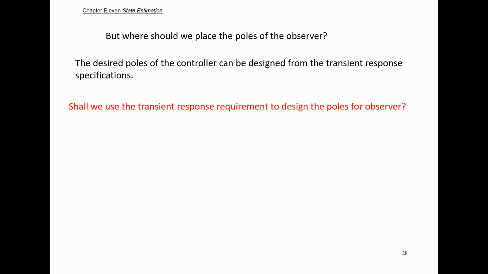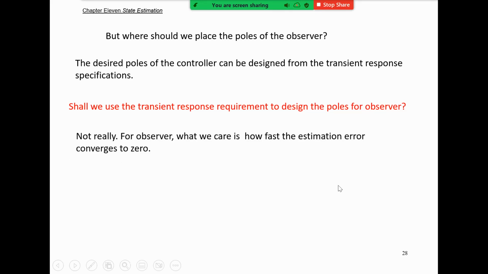What we really like is that we want the estimation error to go to 0 as fast as possible. We want the estimation to be as accurate as possible and very fast. So for the observer, what we care about is how fast the estimation error will go to 0. We want it to be fast and accurate.